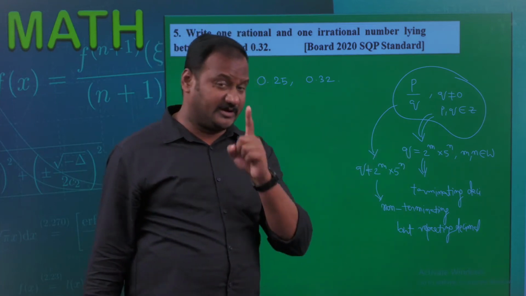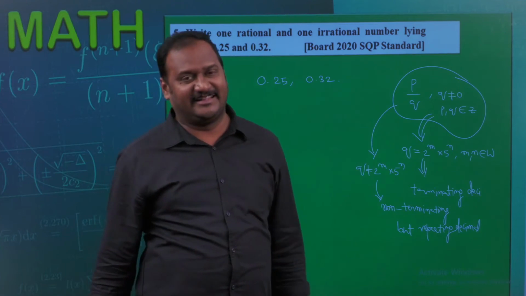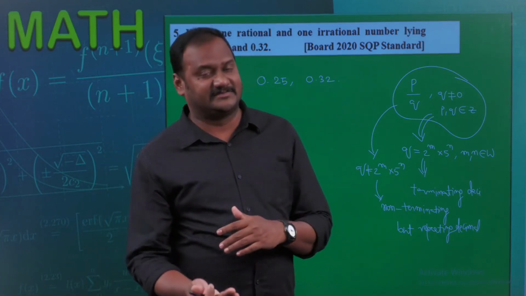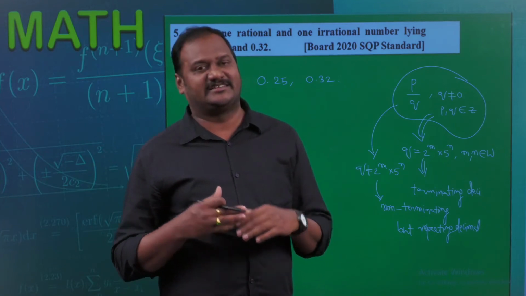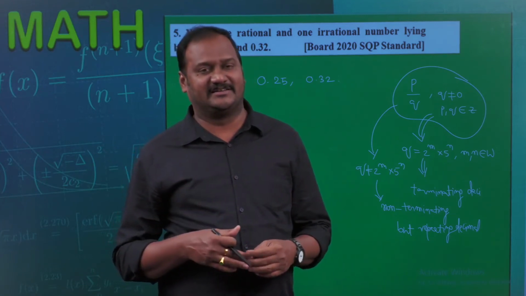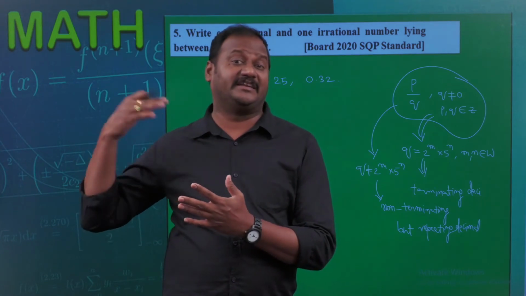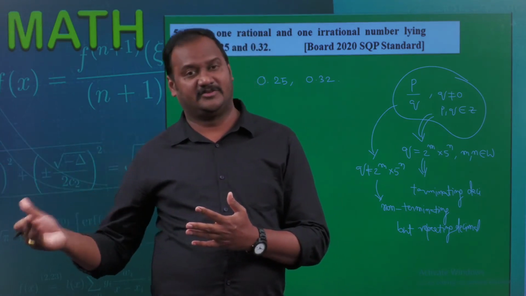But there is one more type of decimal expansion, that is neither a terminating decimal nor a repeating decimal. So what is that? The digits will not repeat in a proper order. You understand?